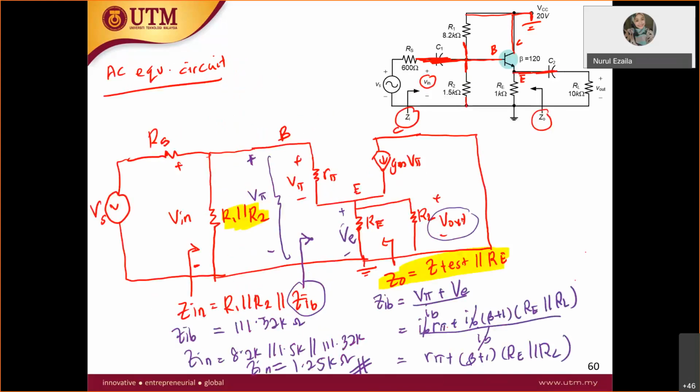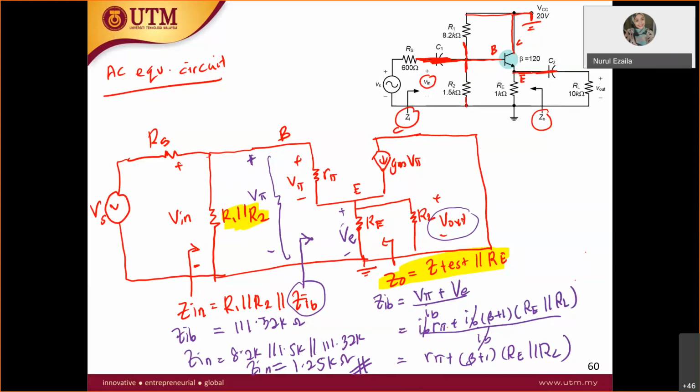So V out is equal to what? Just now I told you, V out equal to what? VE. Correct, VE. VE is equal to IB beta plus 1 RE parallel. In this case, with the RL, therefore you don't have to put your RL.